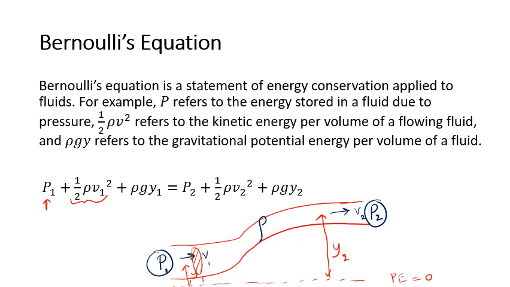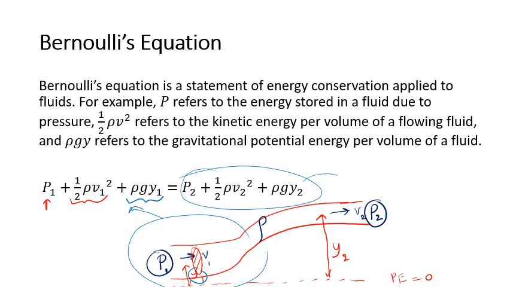And the last term over here refers to the potential energy. If you look at the height y1 from the potential energy zero level, this refers to the potential energy of the fluid.